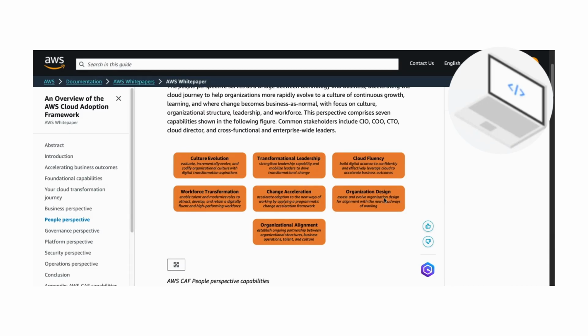Organization design is another key area because as we evolve with the cloud, our organization structure needs to evolve as well. We must assess whether our current design supports our business strategies and desired outcomes.